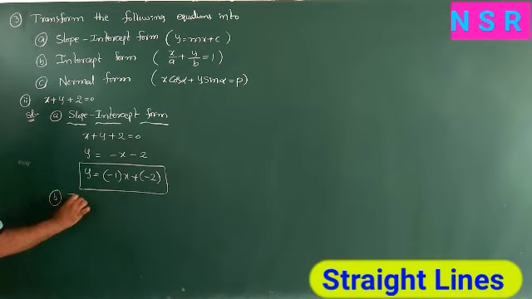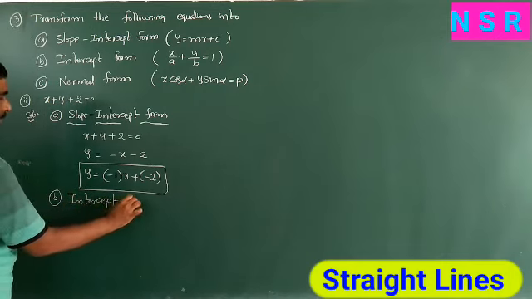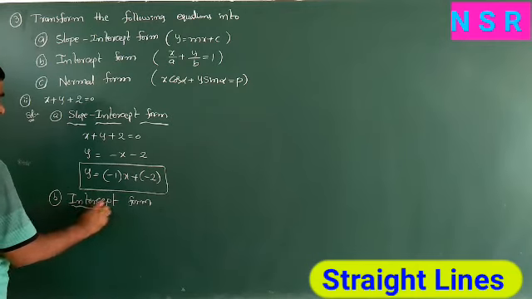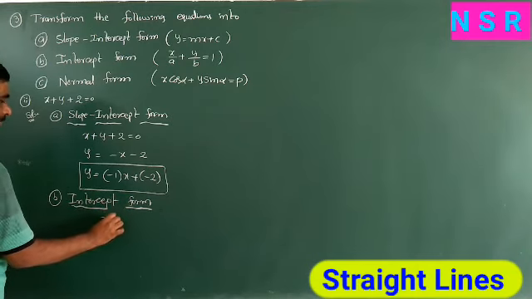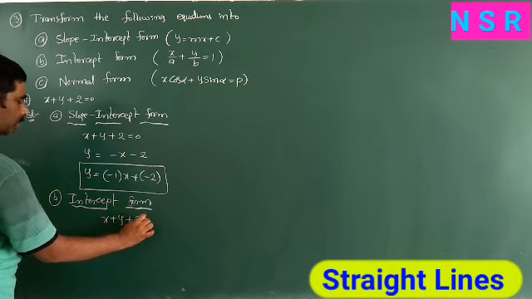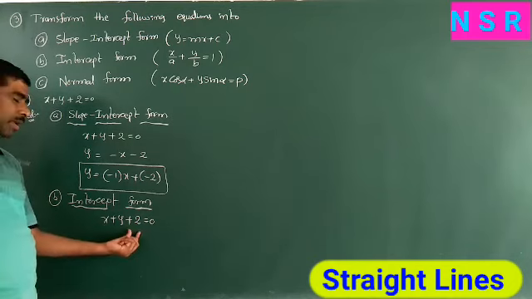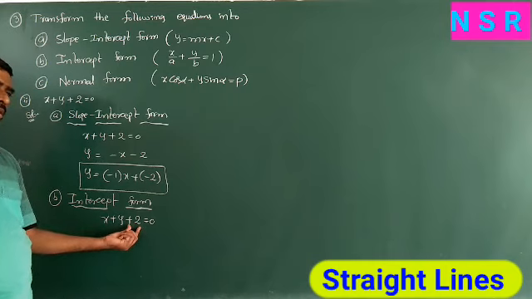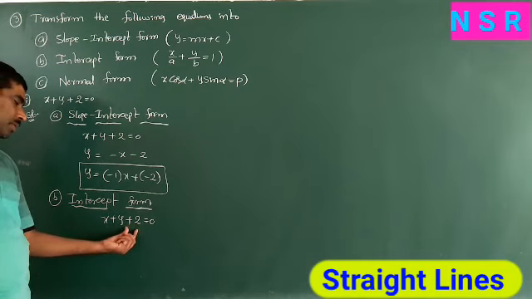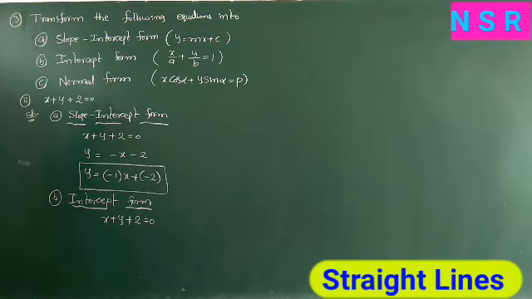Next, intercept form. Here, given x plus y plus 2 is equal to 0. In intercept form, the constant value, whether plus or minus, whatever it may be, we first move outside the equal sign.